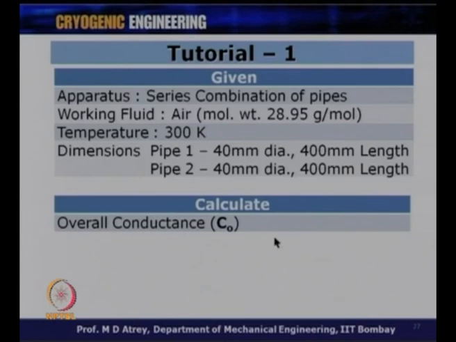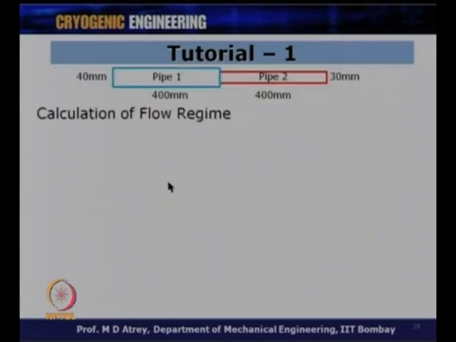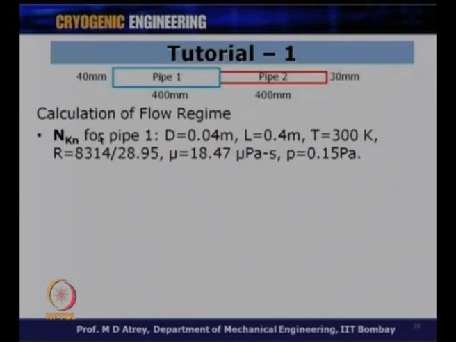So, calculate the overall conductance Co. First, calculate the flow regime, because depending on the flow regime I have to use the corresponding expressions for conductance. So, first is the Knudsen number for pipe 1. We know D is equal to 0.04 meter, L is equal to 0.4 meter, T is equal to 300 Kelvin, and R, mu and P are known to me.